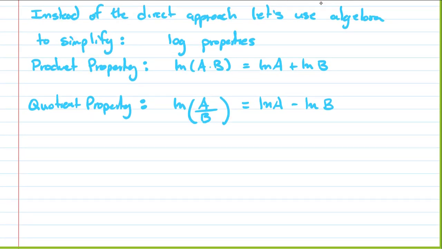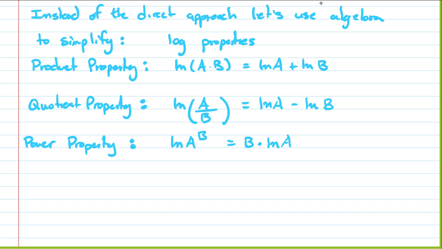And the last one we have is the power property. This one says if I have the natural logarithm of a raised to the b power, it is the same as b times the natural logarithm of a.